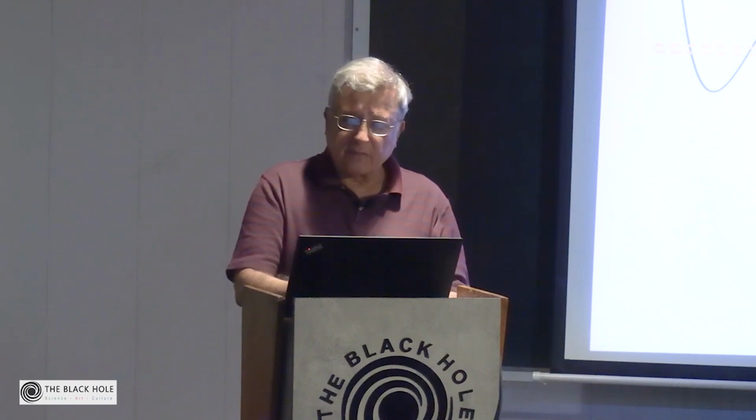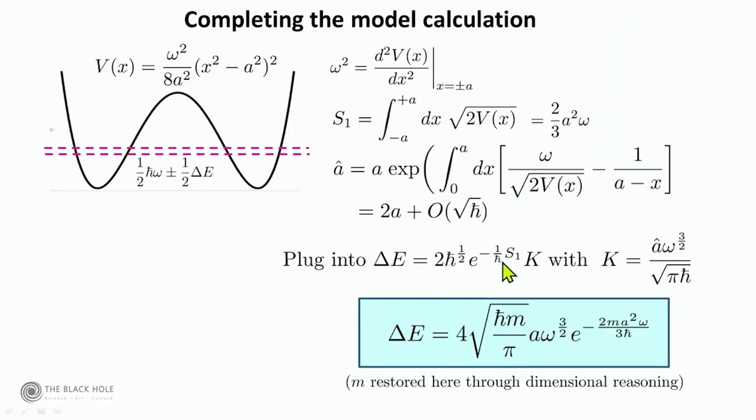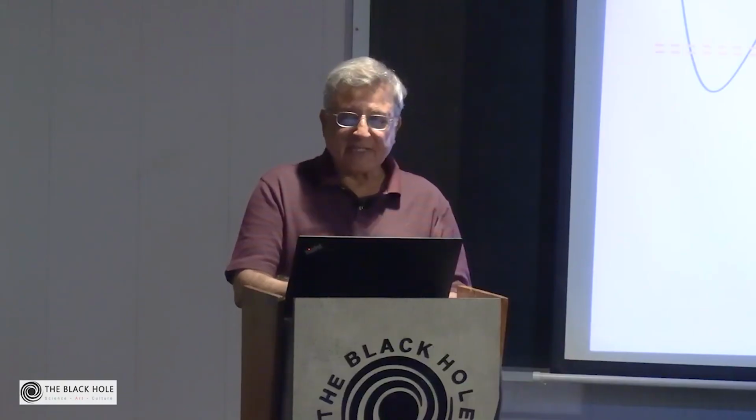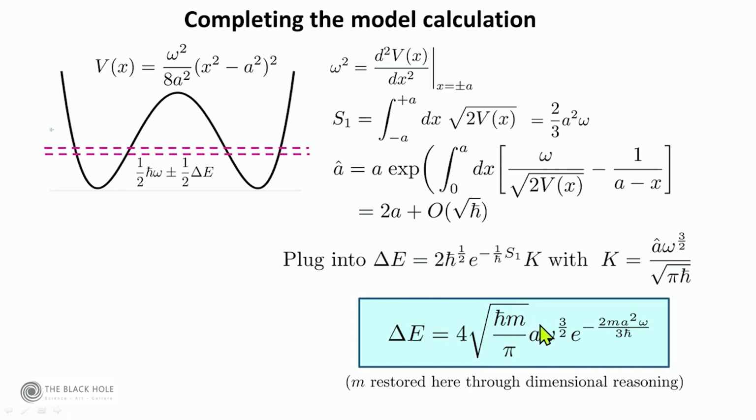This stuff over here, one should not trust too much, because you have a square root of h bar over here, and I said we were not able to go to cubic terms. So take this over here with a grain of salt, but what's important is this thing. This exponential is what dominates this formula over here.